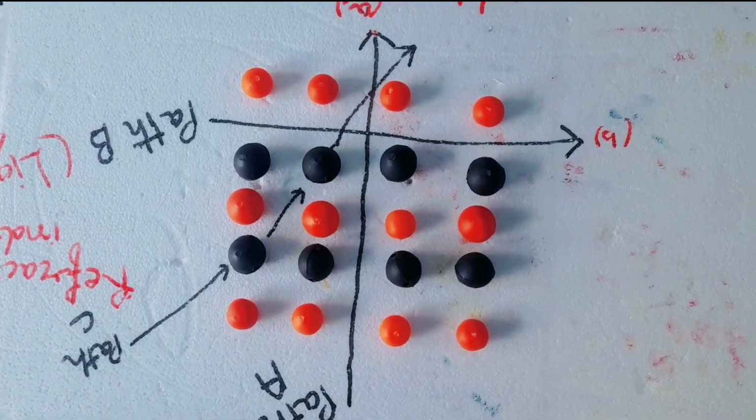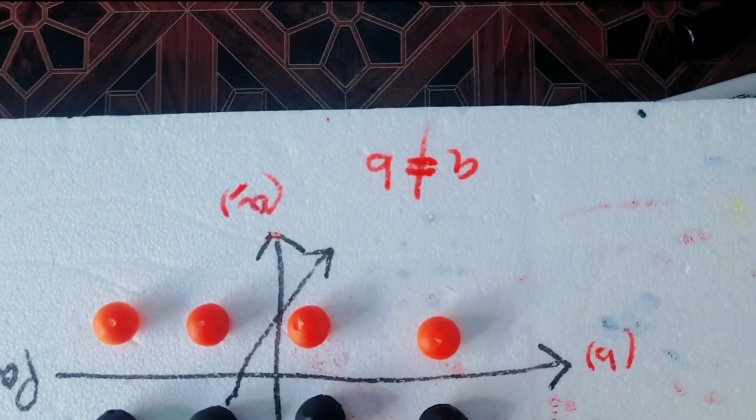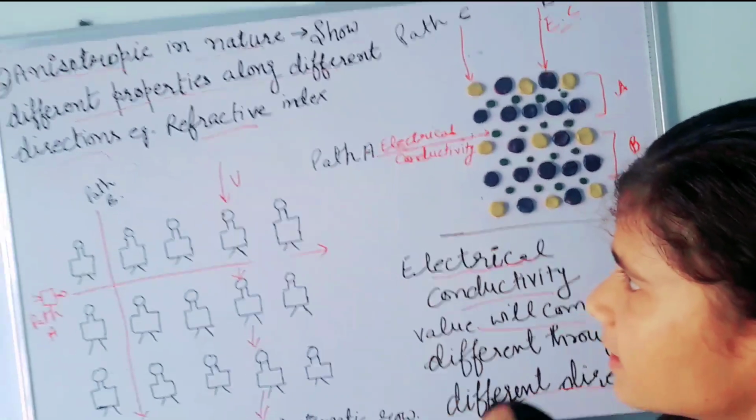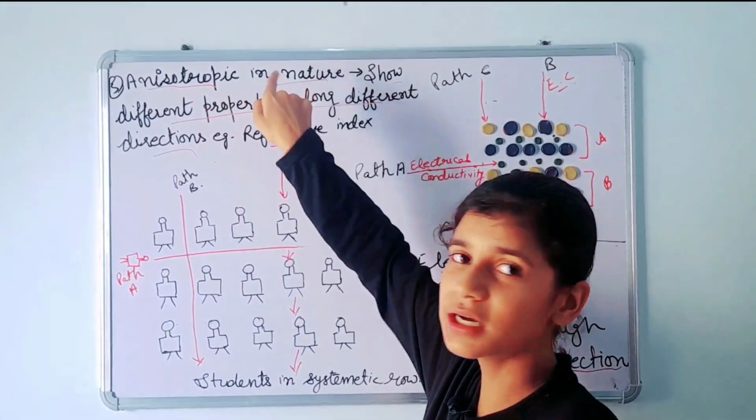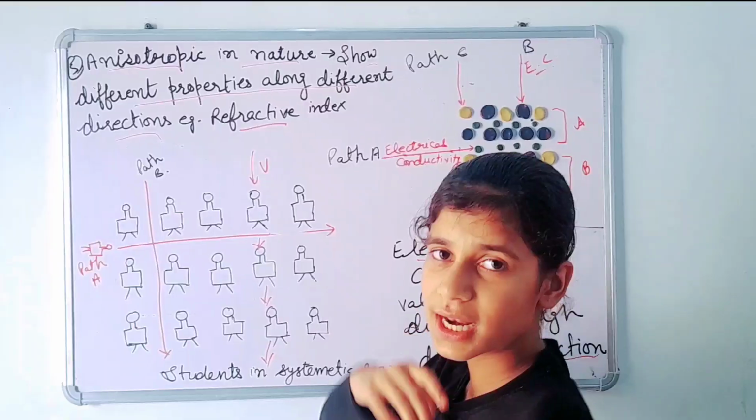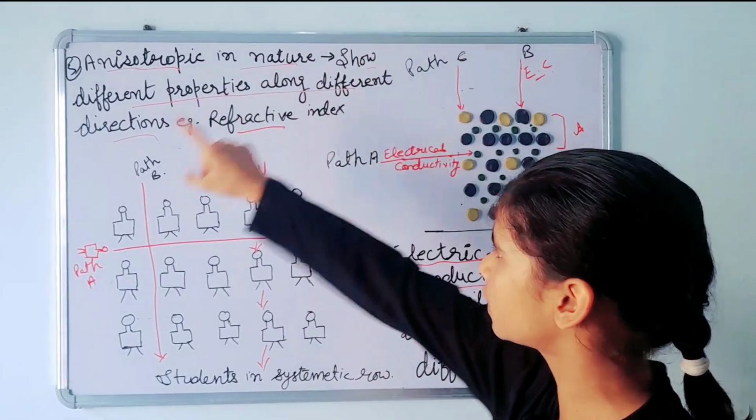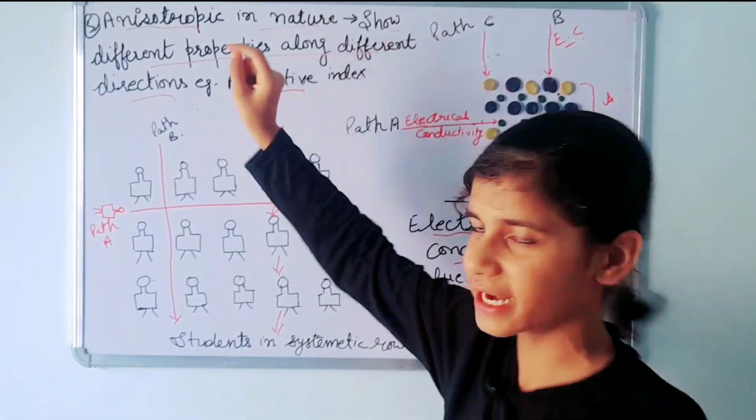So again, anisotropic in nature means crystalline solids show different properties along different directions.